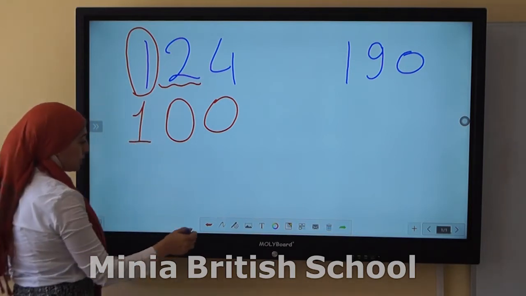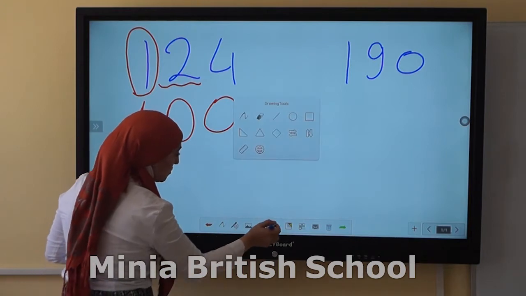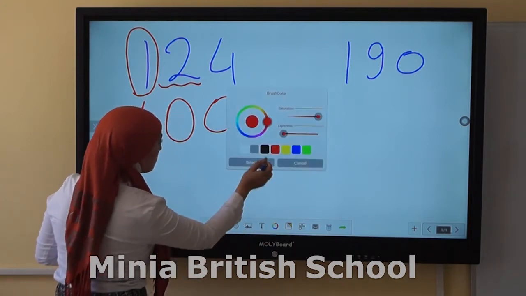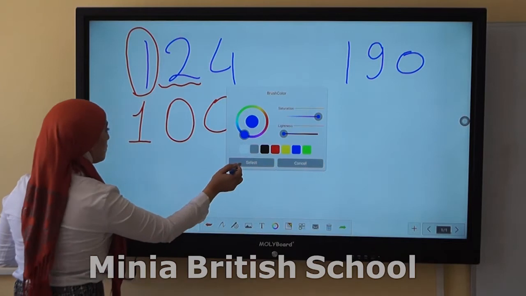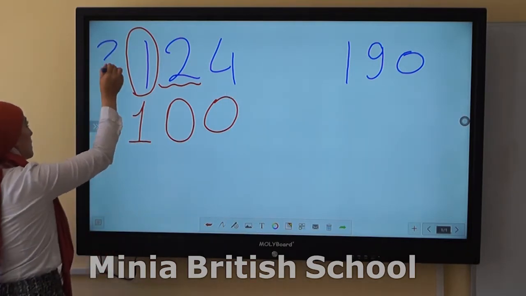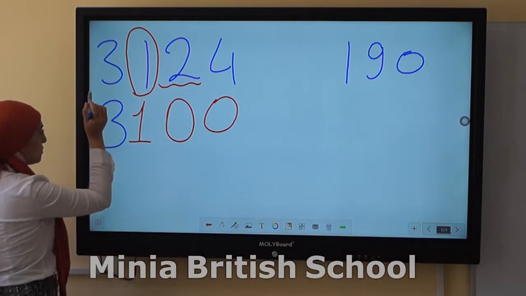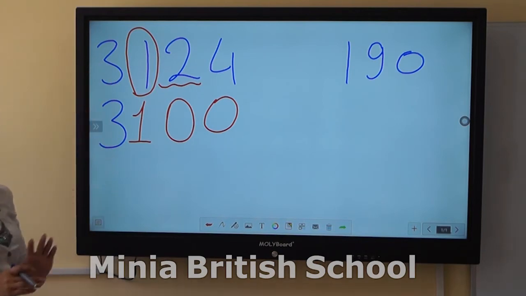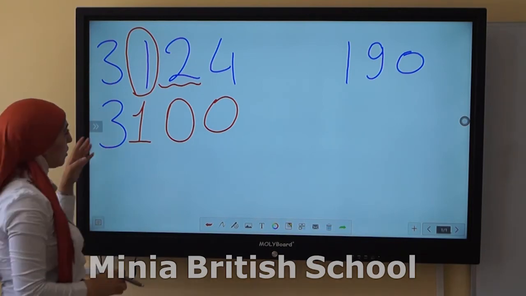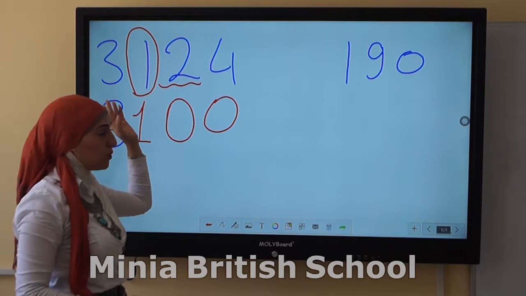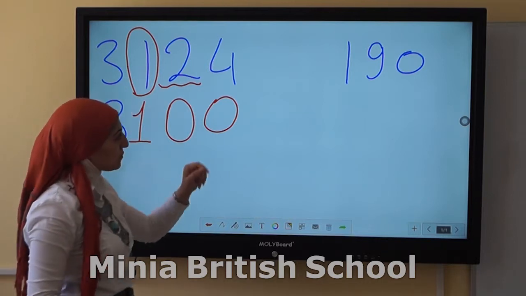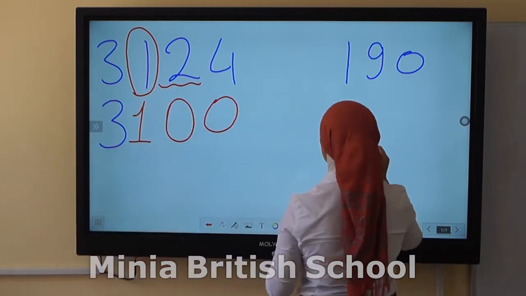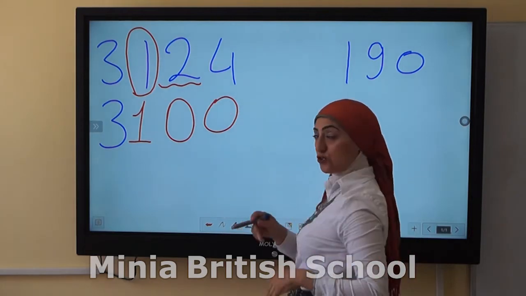What if there is another number here, for example? So it will be as it is. Any digits on the left will be as they are. Okay? But on the right it will change to be 0.